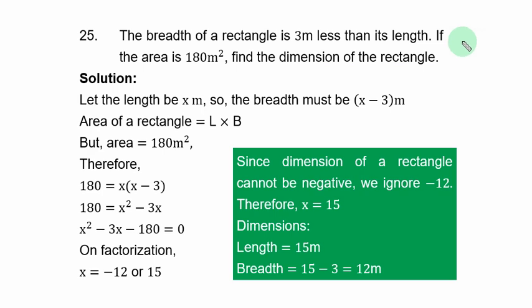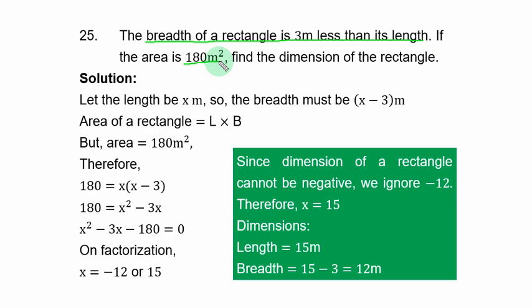Example 25. The breadth of a rectangle is 3 meters less than its length. If the area is 180 square meters, find the dimensions of the rectangle.